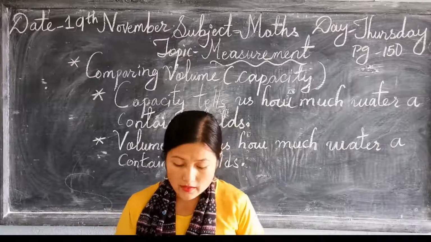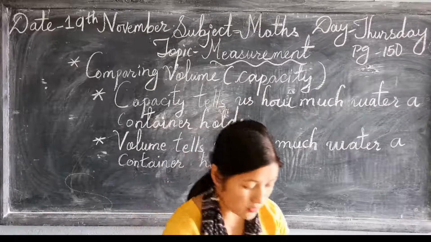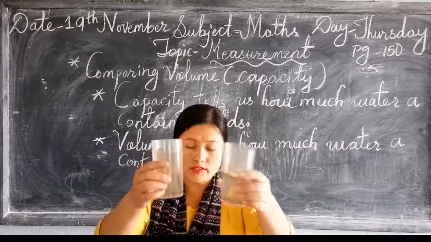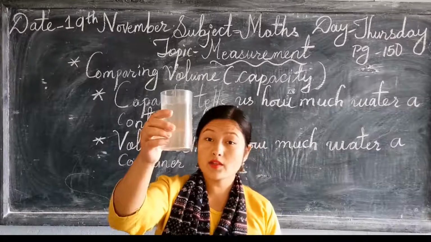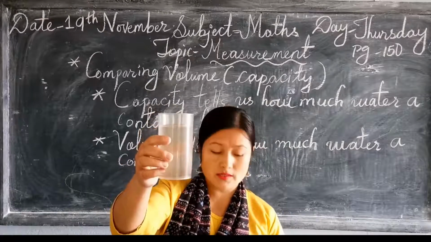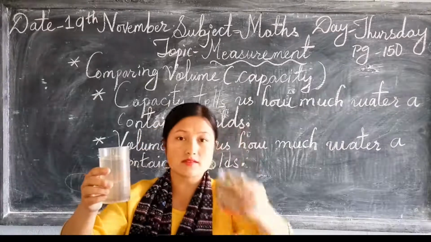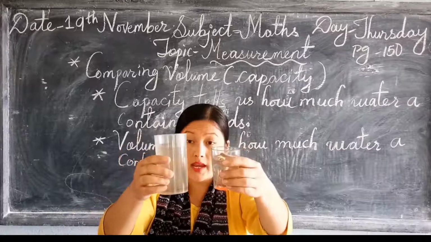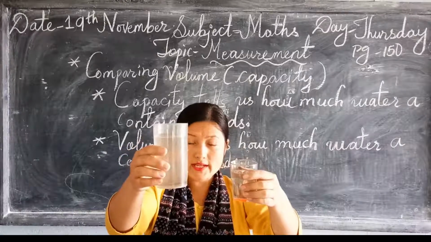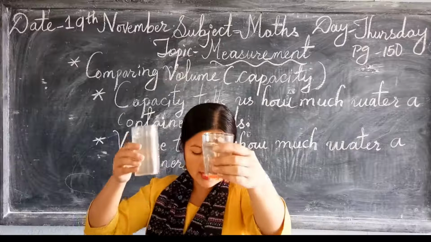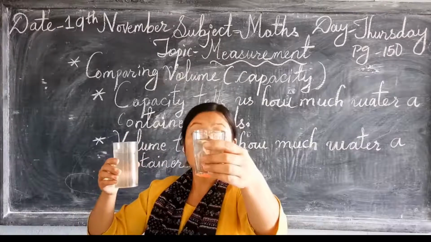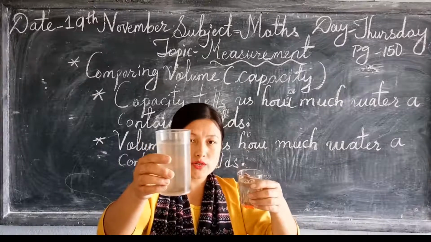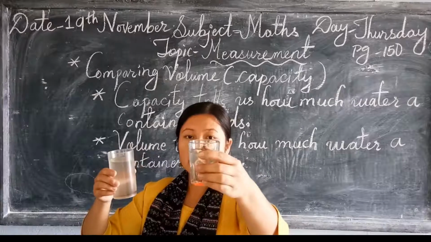In the first example, this glass is full of water, and this small glass is holding less water. So the first glass is holding more water and the second glass is holding less water.